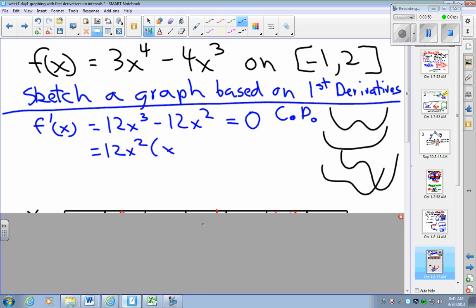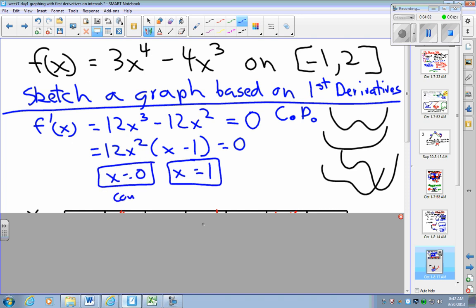I have an x minus 1 left. So it's telling me x equals 0 and x equals 1. Okay? These are my places where I could have a max or a min or a saddle. And that's the parts we want to look for. Okay, a max, a min, or a saddle.